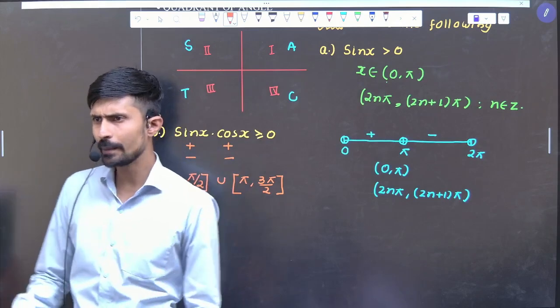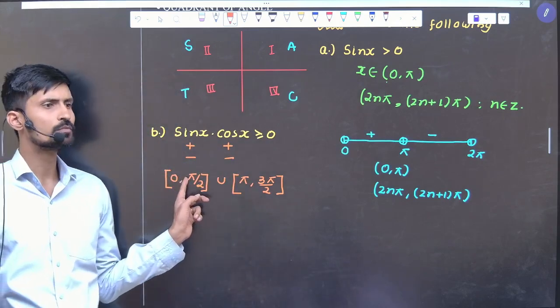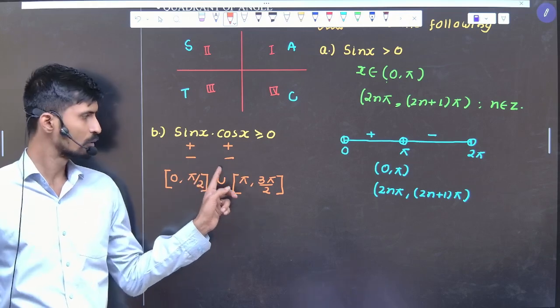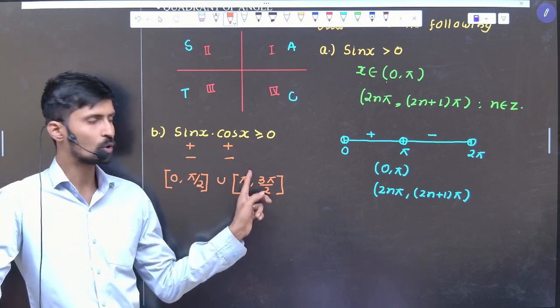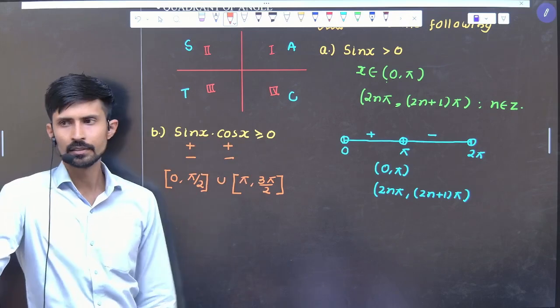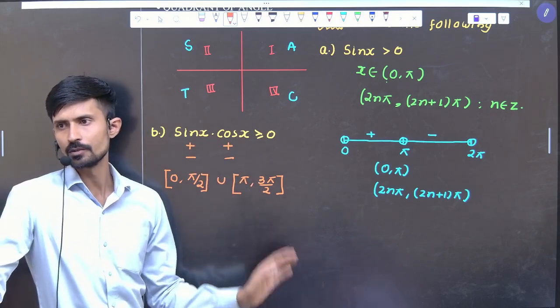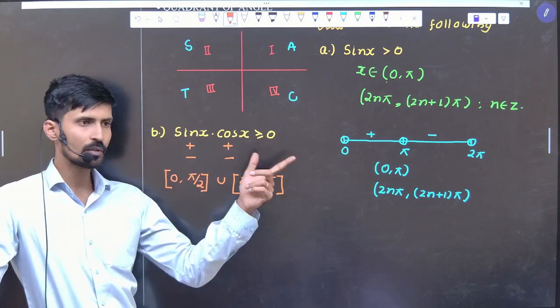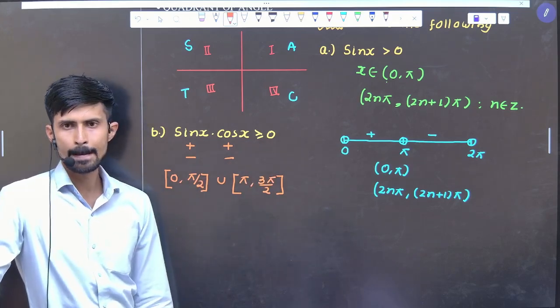And you add 2n pi here: 2n pi to (2n plus 1) pi by 2, (2n plus 1) pi to (2n plus 3) pi by 2. Simply add 2n pi here. You will get the answer. Okay?